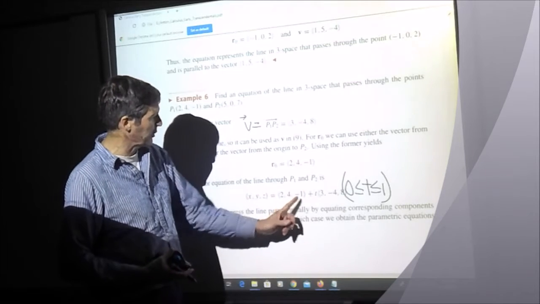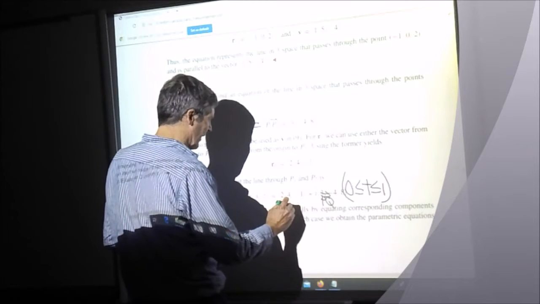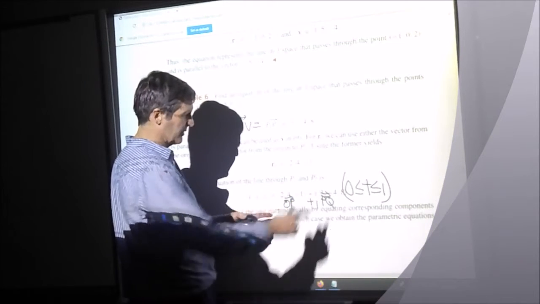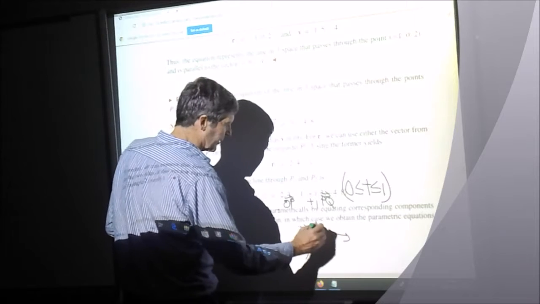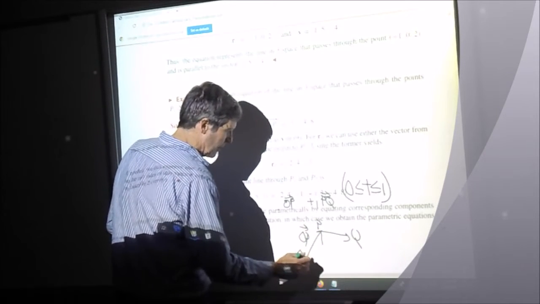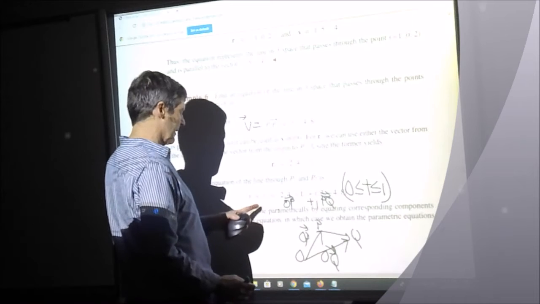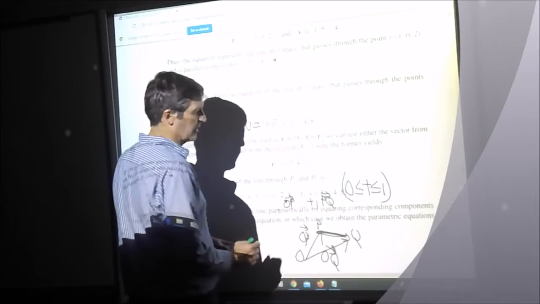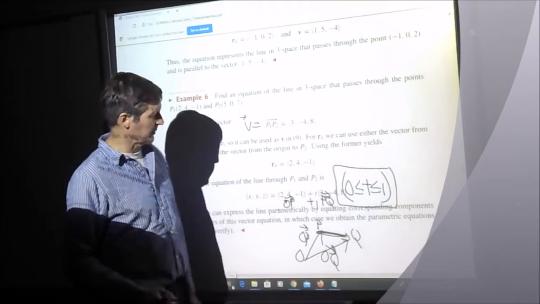When t equals 1, you get the vector from the origin to P, plus 1 times the vector from P to Q. So you go from the origin to P, and then you add the vector from P to Q, and you go from O to Q. So when t equals 1, it takes you to the point Q. When t equals 0, it takes you to the point P. This sweeps out precisely the line segment from P to Q when you make this direction vector V the vector from P to Q, and let t run from 0 to 1.